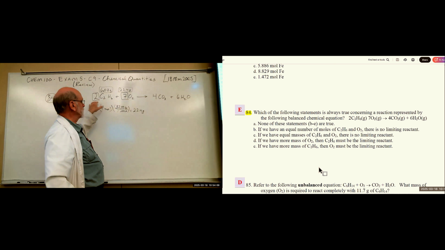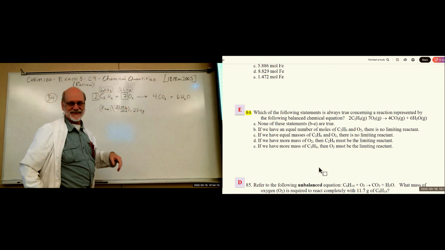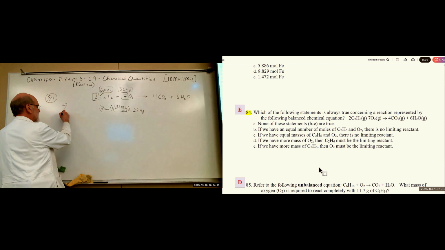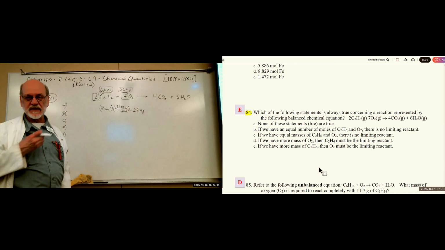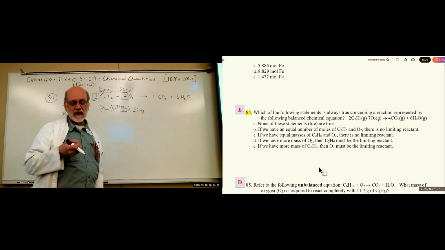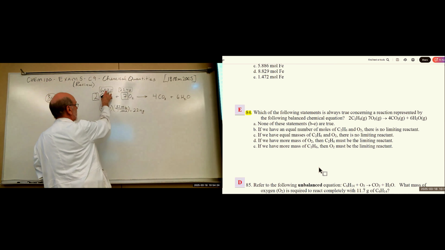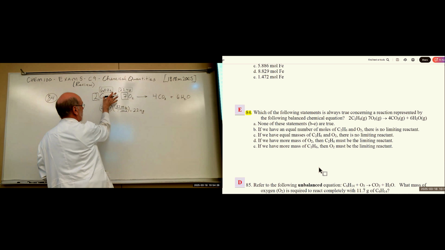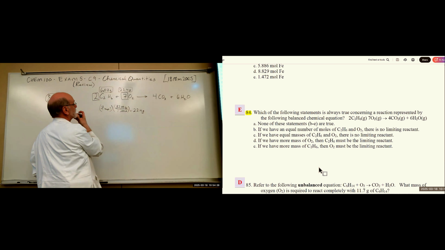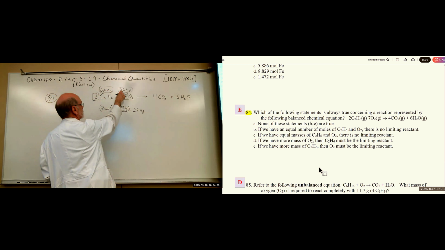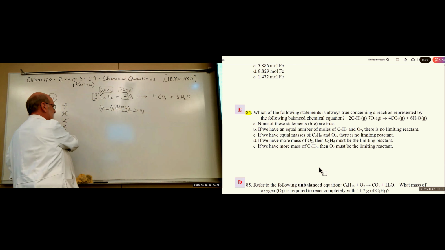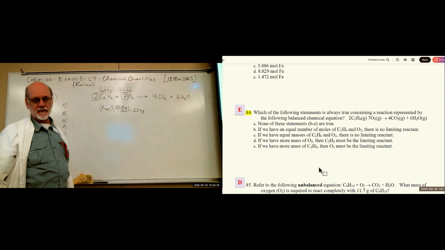If we had 7 moles each, oxygen would still be limiting, right? So B can't be it. That's a false statement. Equal masses would make one of them run out because the ratio is 60 to 224. So C can't be it either.